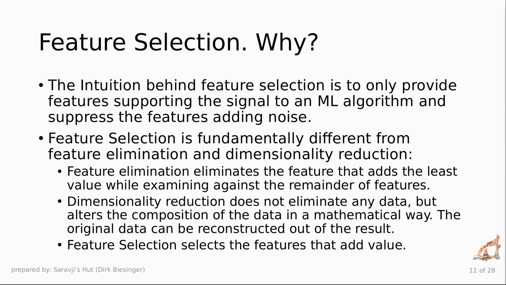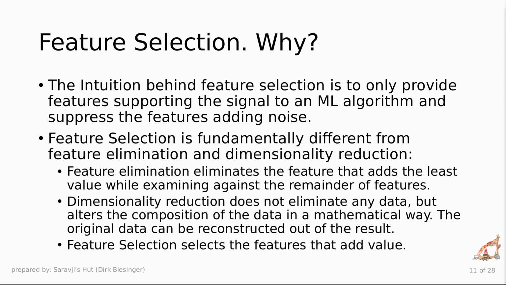Feature selection itself is fundamentally different from feature elimination or dimensionality reduction. Feature elimination starts with all the features and eliminates the feature that adds the least value, and it does this by examining and comparing it to the remainder of the features.